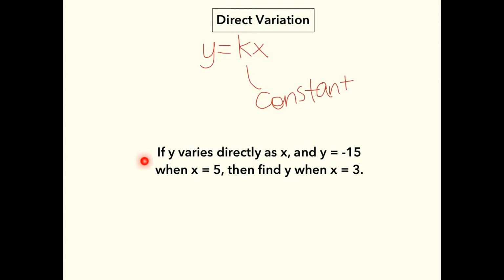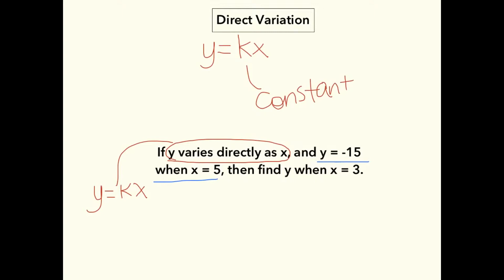Looking at this example, if y varies directly as x, this piece is telling you that we're going to use the relationship y equals kx, which we have from up here. Then it says y equals negative 15 when x equals 5.